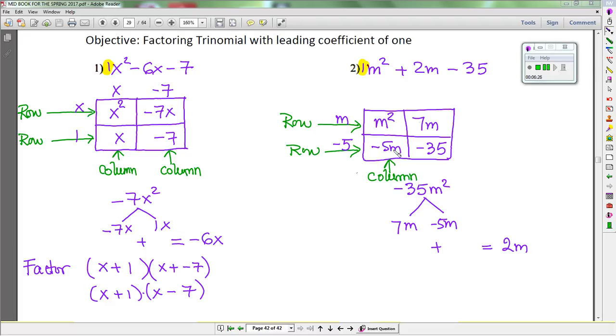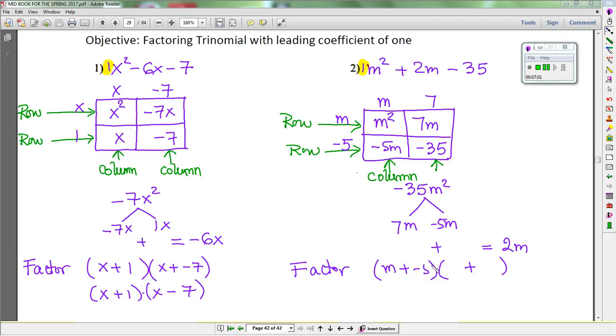For the first column, m squared and negative 5m both have m as the greatest common factor. And for column number 2, 7m and negative 35 both have 7 as the greatest common factor. So now we can write out our factors. It will be the product, and inside will be the sum.